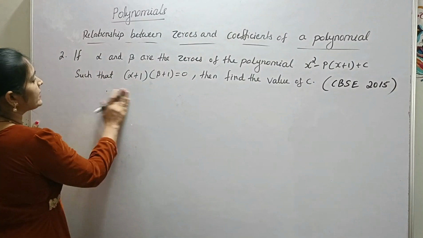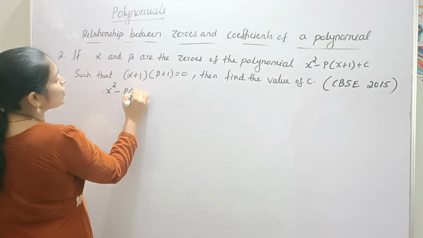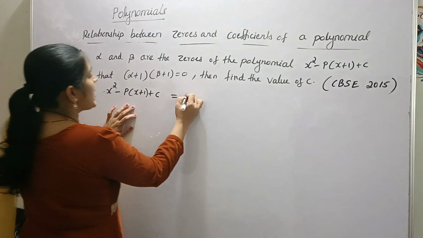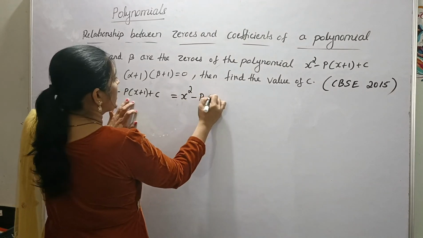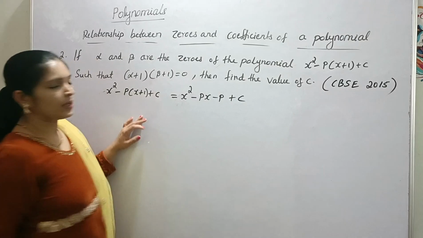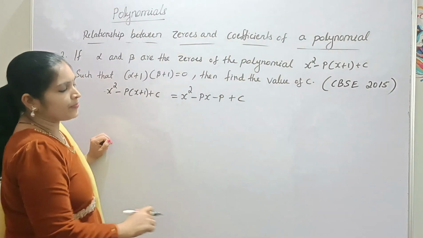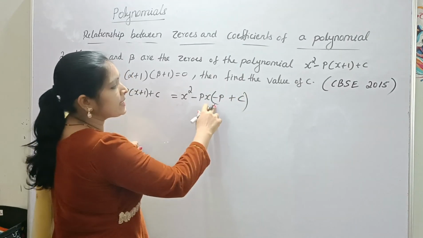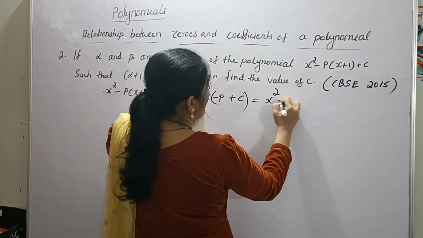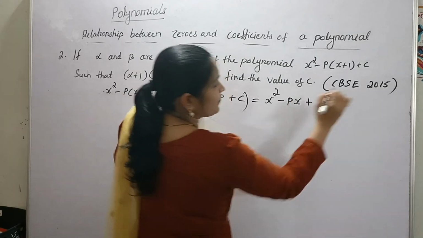So here we will find the coefficient of x. First of all, let's write the polynomial x square minus p into x plus 1 plus c. That is x square minus px minus p plus c. Now the coefficient of x is minus p and the constant is minus p plus c. That is, our polynomial is x square minus px plus minus p plus c.